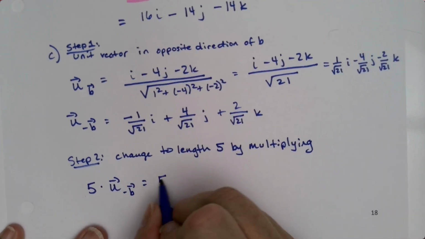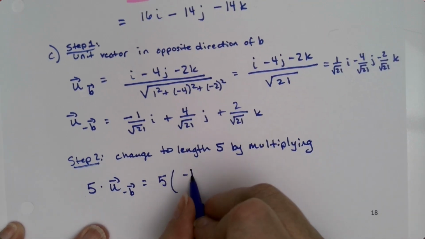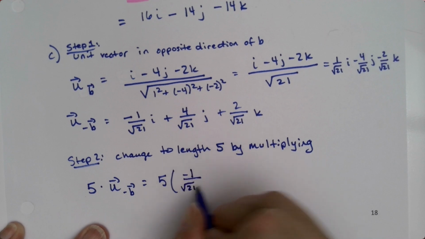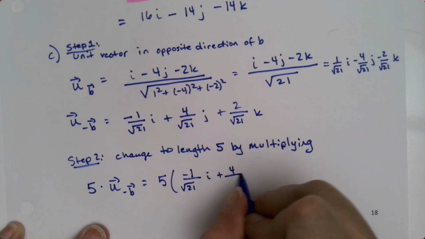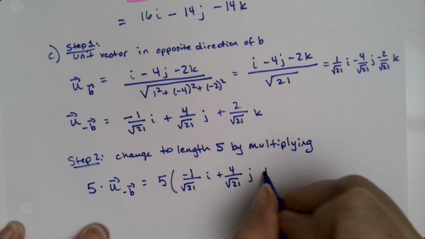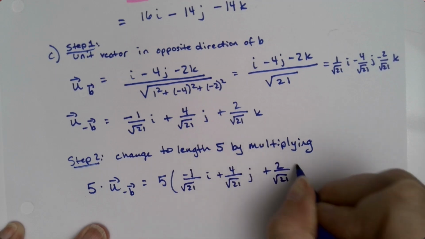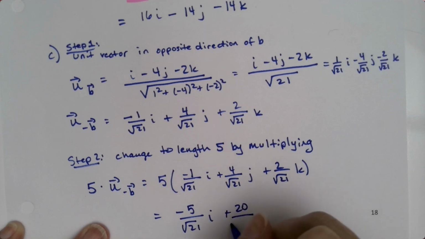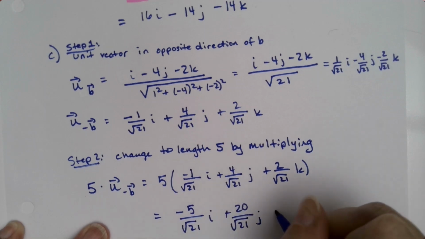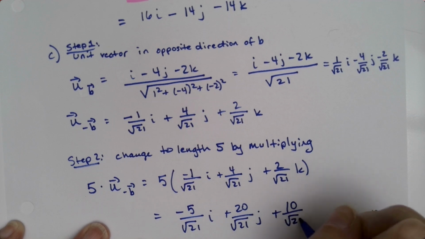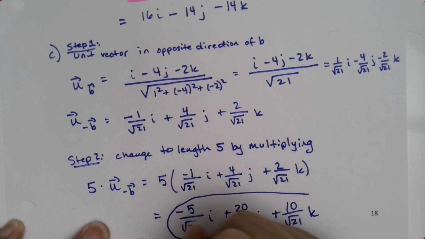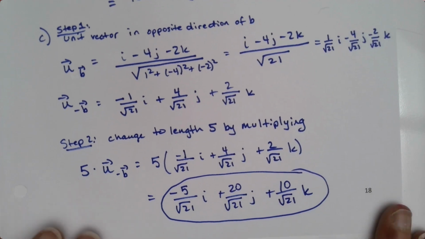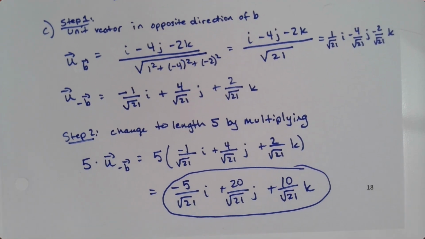So you multiply 5 times that negative 1 over the square root of 21 i plus 4 over the square root of 21 j plus 2 over the square root of 21 k. And that would be negative 5 over the square root of 21 i plus 20 over the square root of 21 j plus 10 over the square root of 21 k. And there you have it.